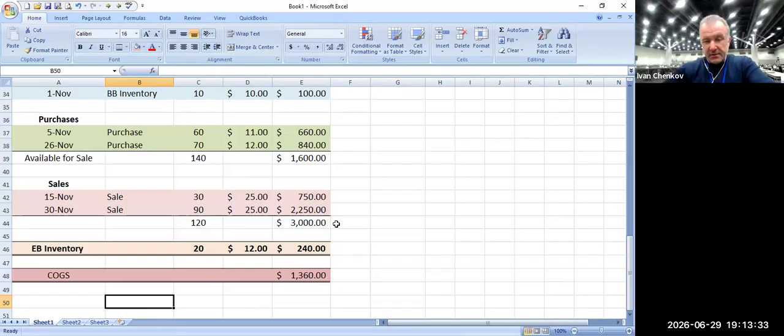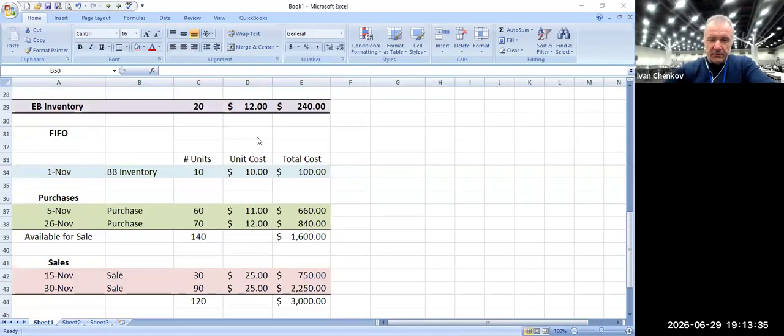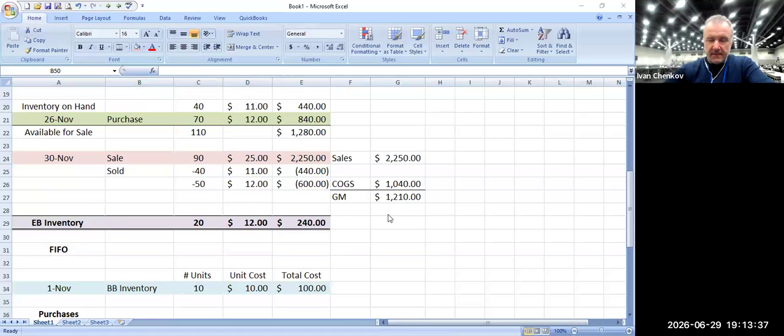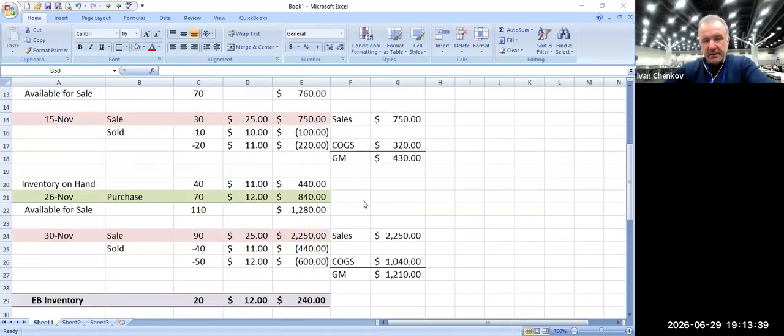That's the summary of all the information that we got in the beginning. So let's see if we have justification for that information. The first cell, our cost of goods sold, is 320. The second one is 1,040. That's in total 1,360.